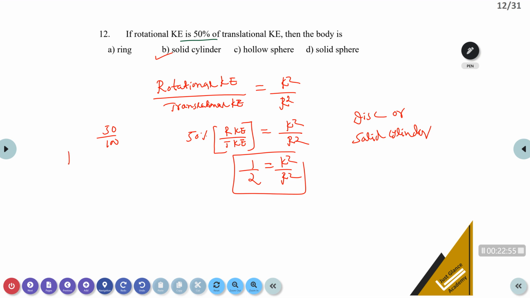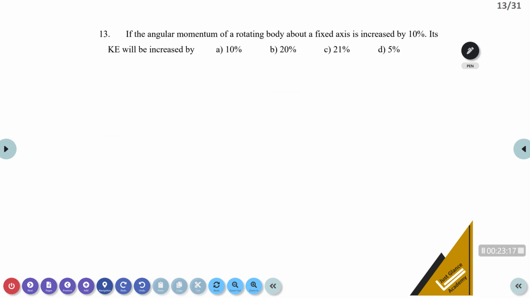This is important, students. If K square by R square equals 1, it should be a ring. K square by R square equal to 2 by 3 is a hollow sphere. K square by R square equal to 2 by 5 is a solid sphere. I told you several times in the regular class.